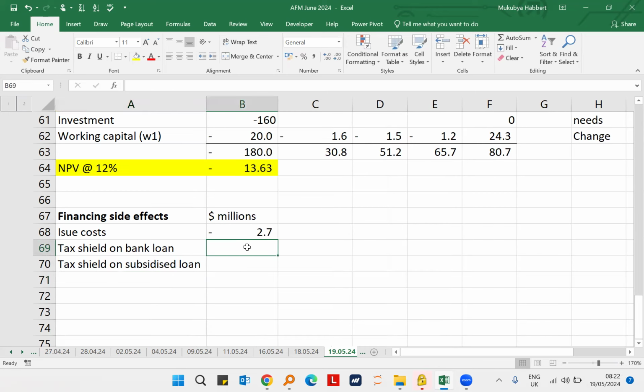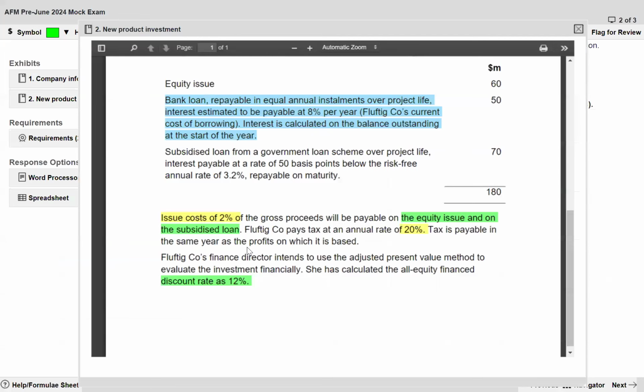So if we start with the tax shield on the subsidized loan, it's easier to understand. We have a subsidized loan, and instead of paying 3.2, we are going to pay 50 basis points below it. So we are going to pay, I think, 2.7%.